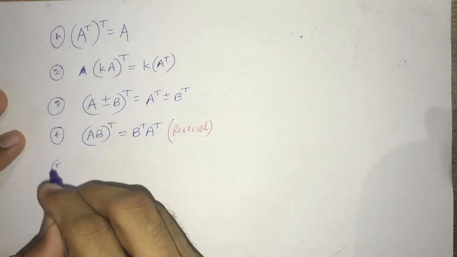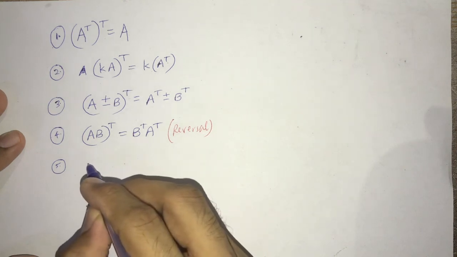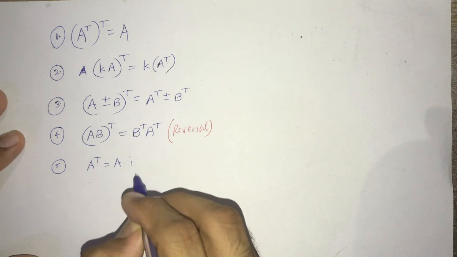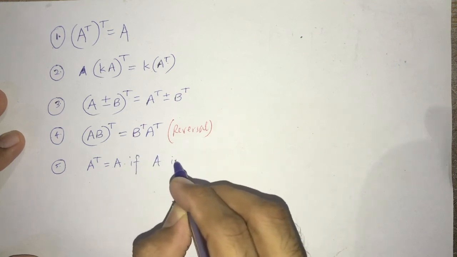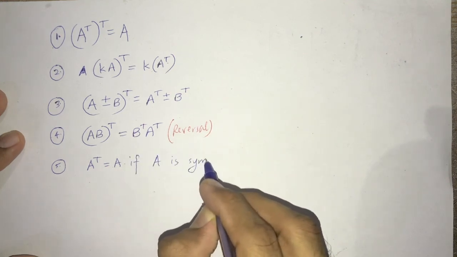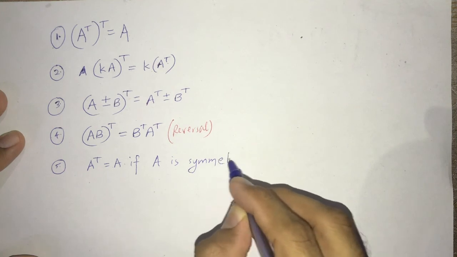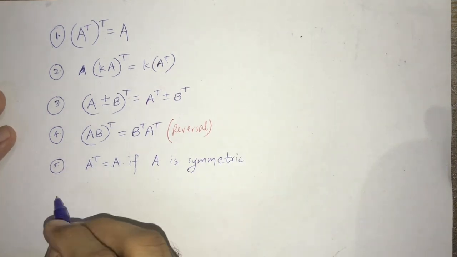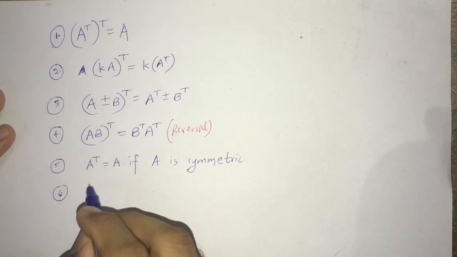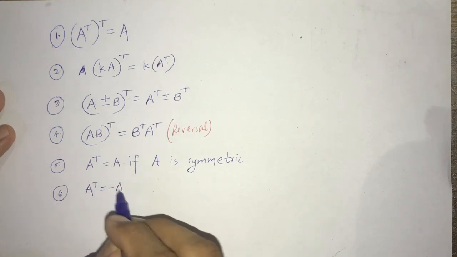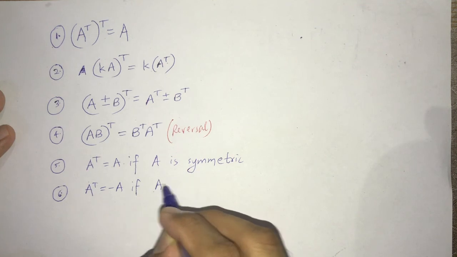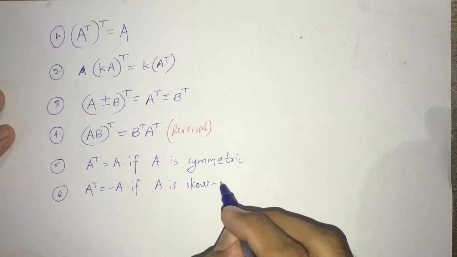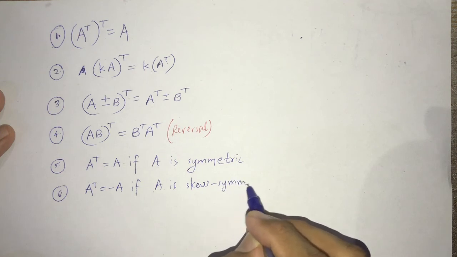Then we have fifth. A transpose is equal to A if A is symmetric. If the matrix A is symmetric, A transpose is A. A transpose is minus A if A is skew symmetric.